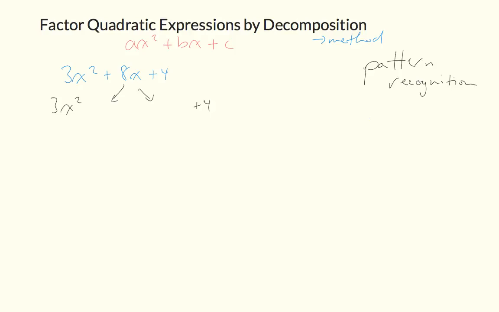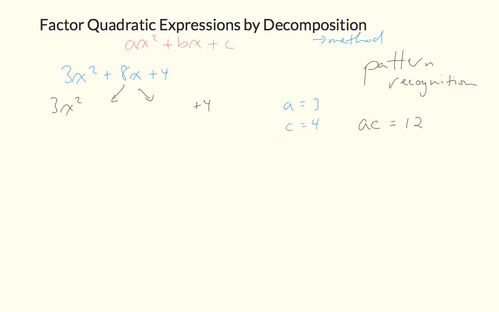And that's this. We have an a number here, it's 3. We have a c number, it's 4. So in our case, a equals 3 and c equals 4. The first step in factoring by decomposition is asking ourselves, what does a times c equal, or ac? In this case, ac equals 12.